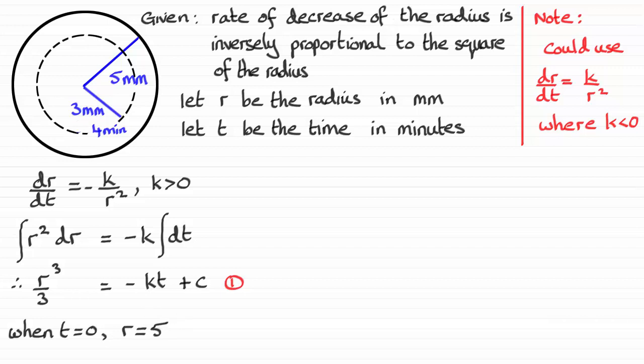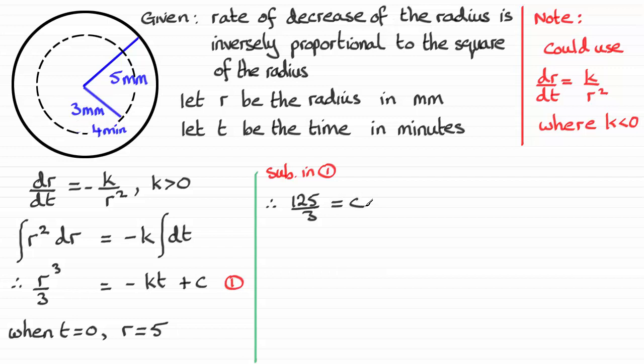And what I can do now is just substitute those values into equation 1. All right, and if we do that, what we're going to get is r cubed, that's going to be 5 cubed, that's 125, over 3. So we've got 125 over 3. Knowing that t equals 0, this term goes out, and that just leaves me with the constant c.